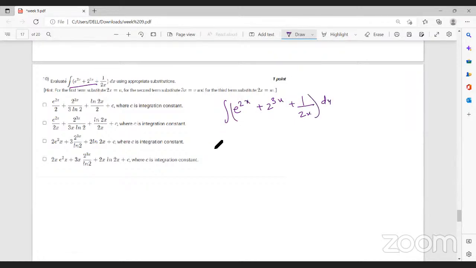So I can write it as integral of e to the power 2x dx plus integral of 2 to the power 3x dx plus integral of 1 by 2x dx. In the hint, it is mentioned: for the first term, use 2x equals u; for the second term, use 3x equals v; and for the third term, use 2x equals w.